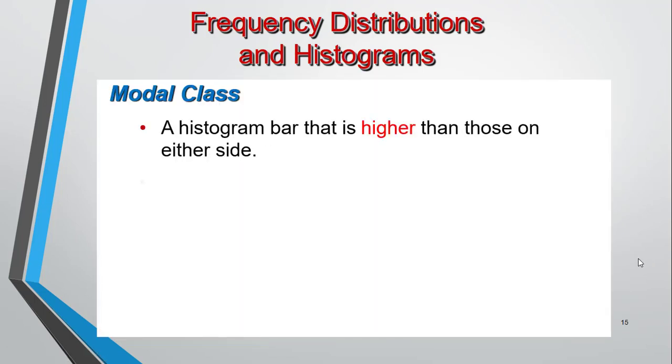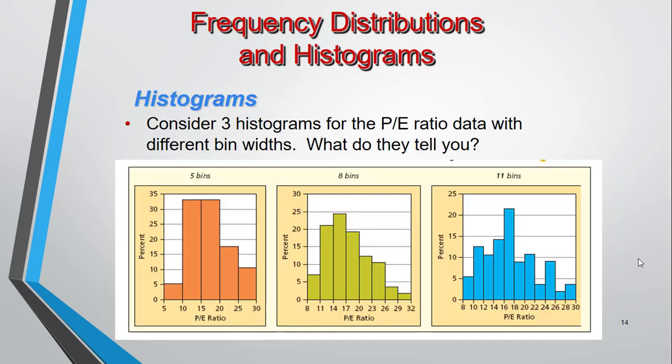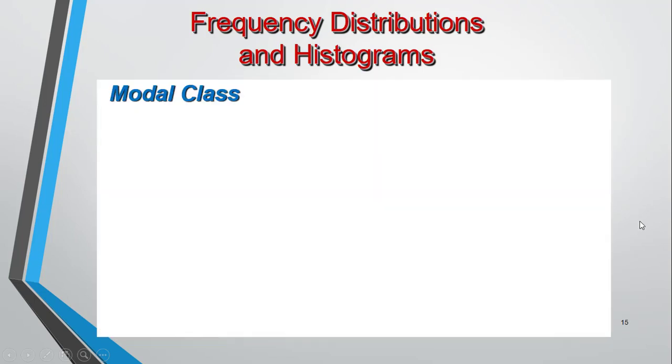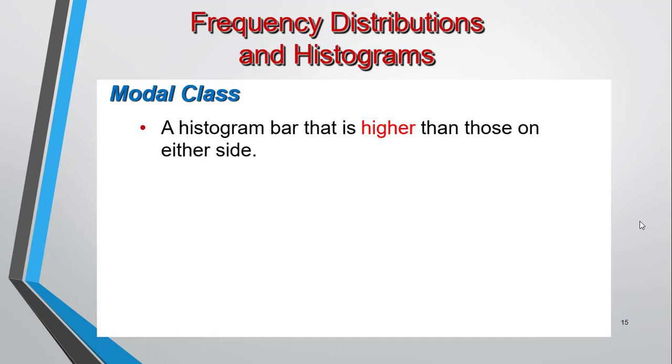Okay. As you can see, if you have more bins, you can see there were peaks, or we call them modes, peaks in the chart, in the histogram, here, here, and here, and here, right? And we call that the modal class. A histogram bar that's higher than those on either side is a modal class, or a peak, right?